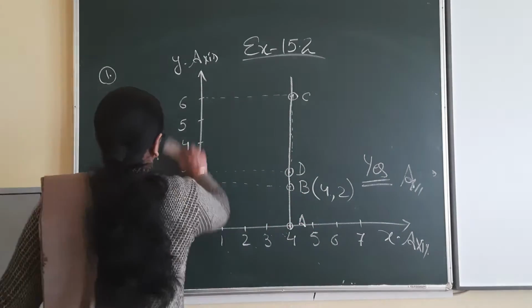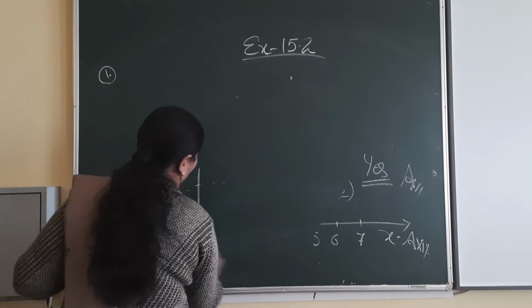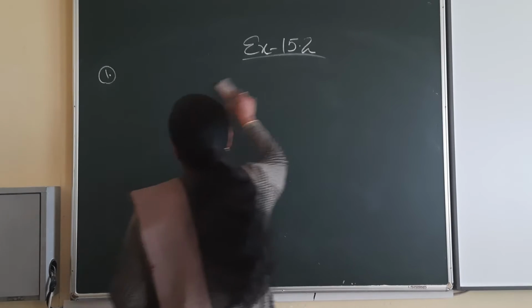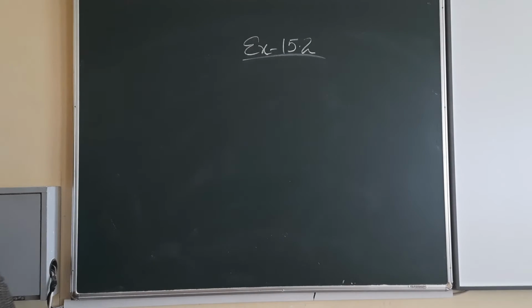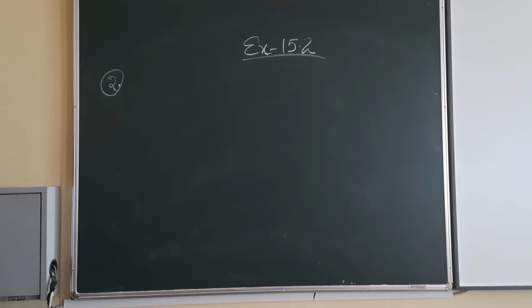Okay. Now question number 2. So here question number 2 is, draw the line passing through 2, 3 and 3, 2.